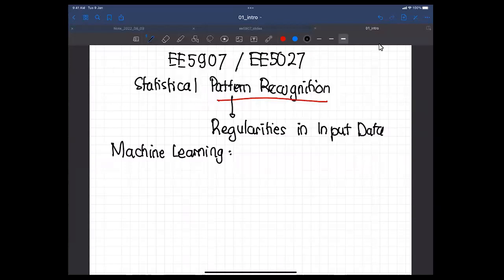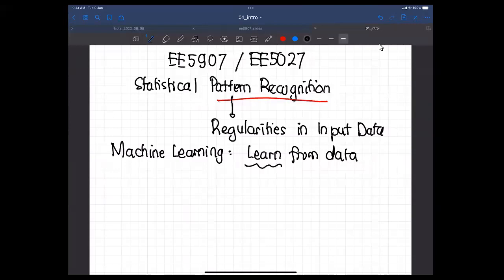Right. So machine learning, the main part of machine learning is again, as its name says, to learn from data automatically. And when we say learn from data, it also means that we want to find patterns or regularities.